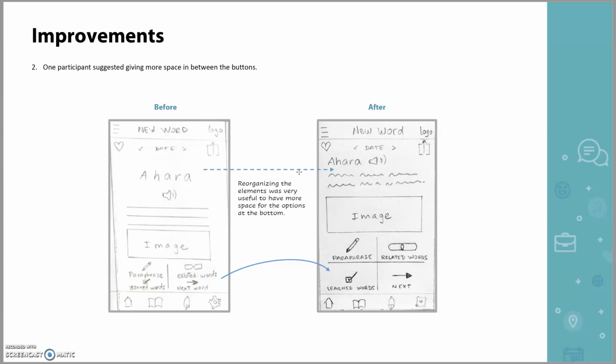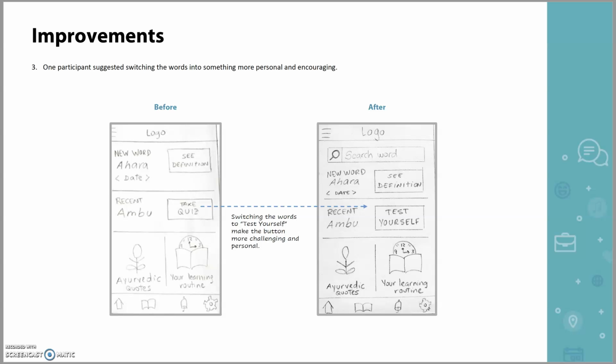So I needed to reorganize the elements and find more space to give more protagonism to the options. One participant suggested switching the words into something more personal and encouraging. So that's when I changed Take Quiz to Test Yourself.